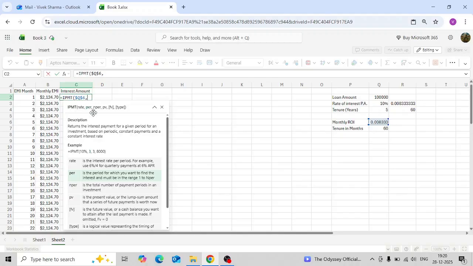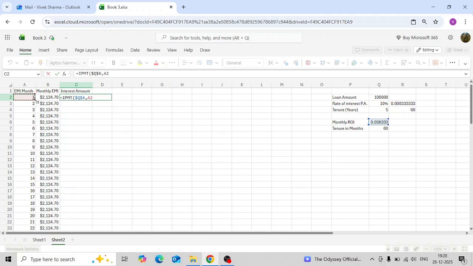So what exactly is period? For which period are we calculating this interest? Obviously we are calculating for the first month, so period would be nothing but the first month. We will not freeze this row, because when we drag the formula we want each row to take the corresponding row in the formula.